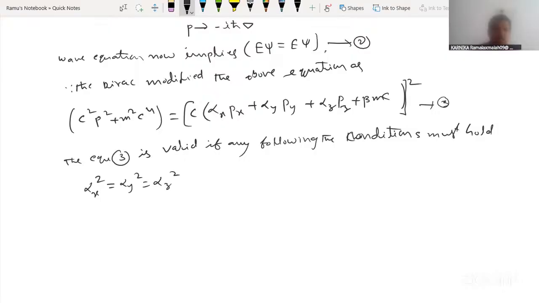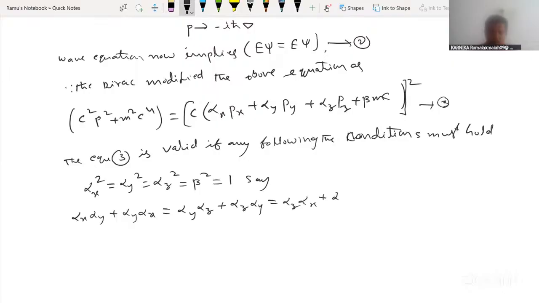Next, alpha x alpha y plus alpha y alpha x is equal to alpha y alpha z plus alpha z alpha y is equal to alpha z alpha x plus alpha x alpha z is equal to 0.